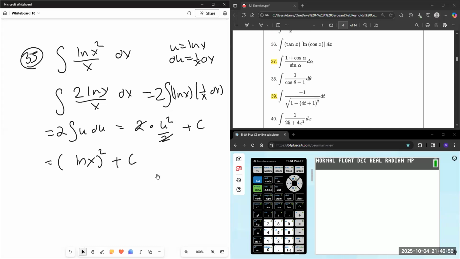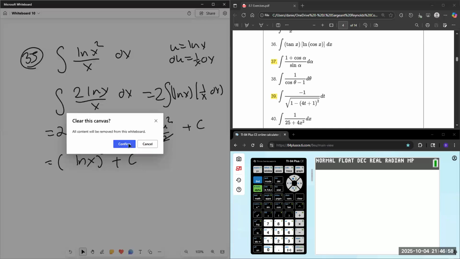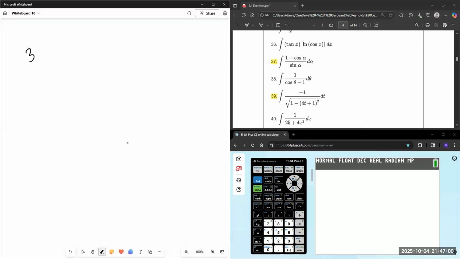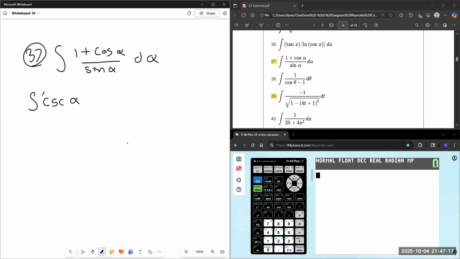Let's look at 37. 37 is integral of 1 plus cosine of alpha over sine of alpha d alpha, and that's integral of cosecant alpha plus cotangent alpha d alpha.